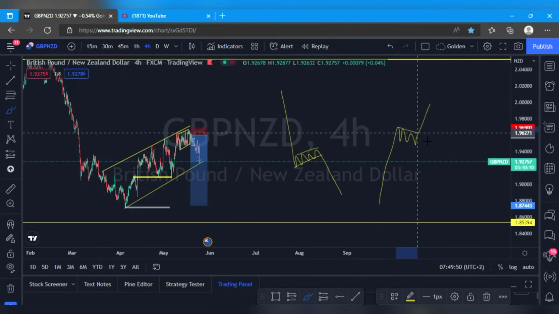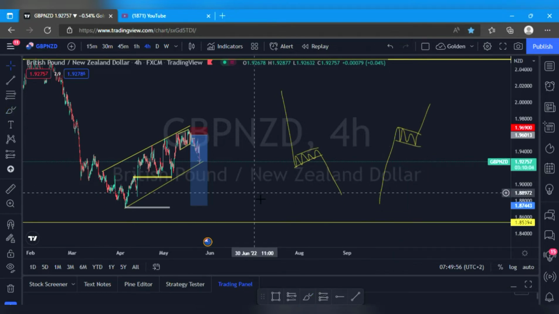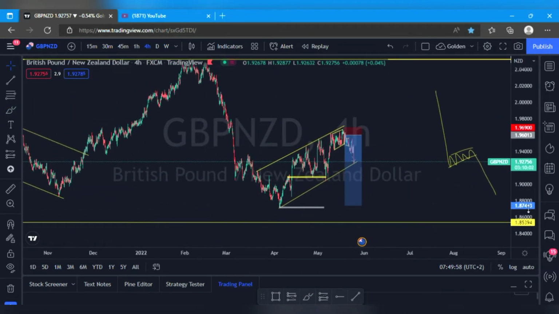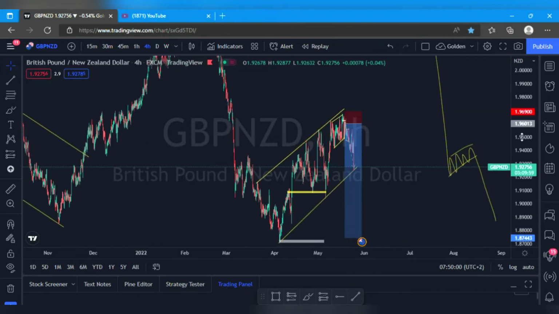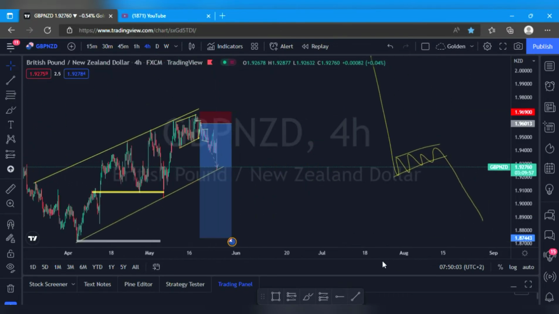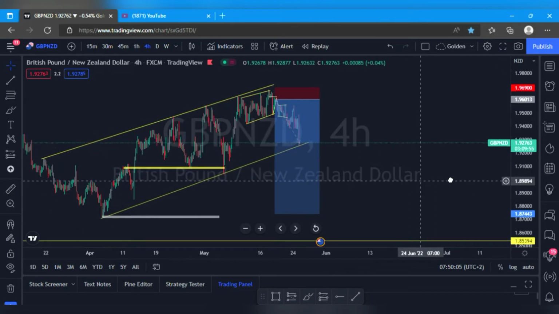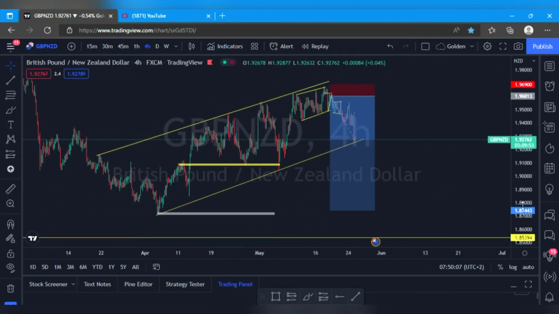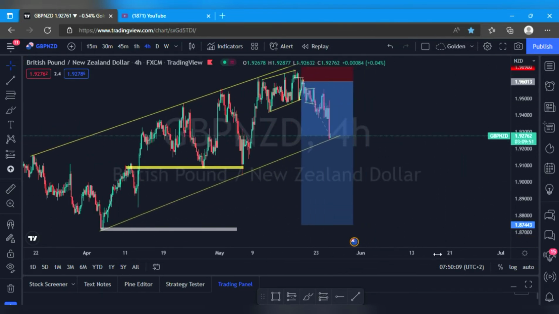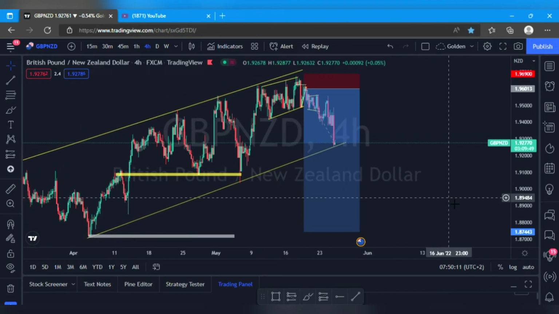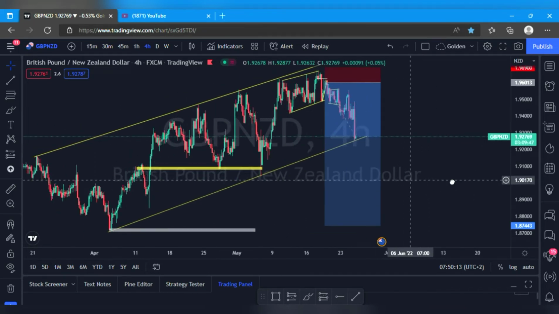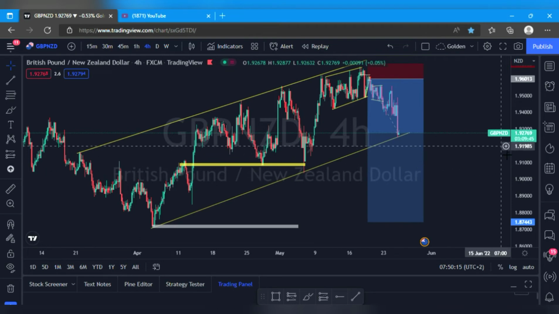So these are the kind of structures that I get myself involved in. So right here we can already see what is happening on this current market. We can already see that we have already completed that first movement of this thing.